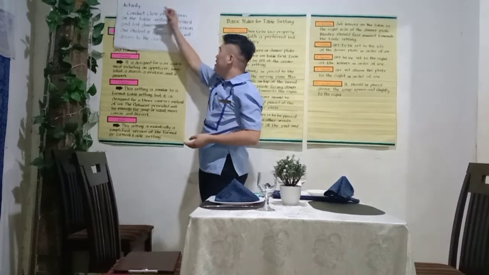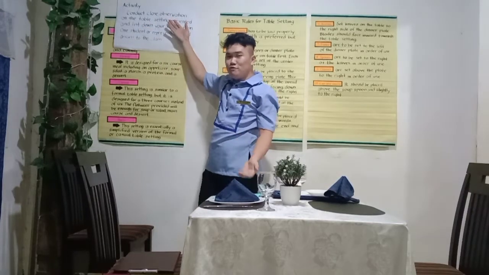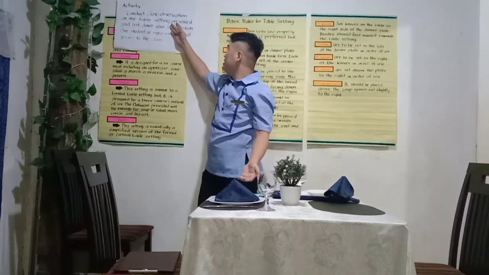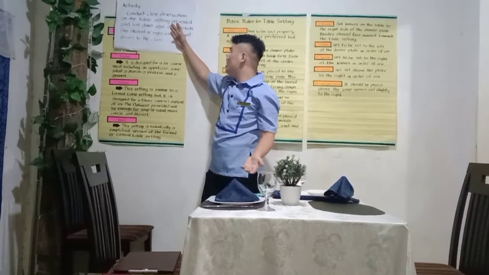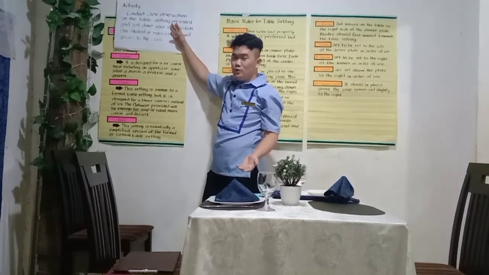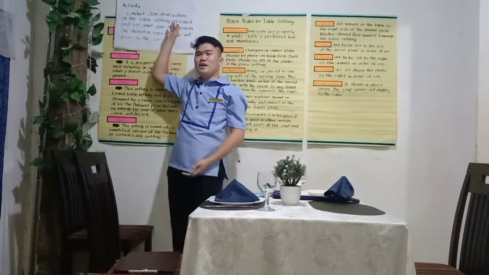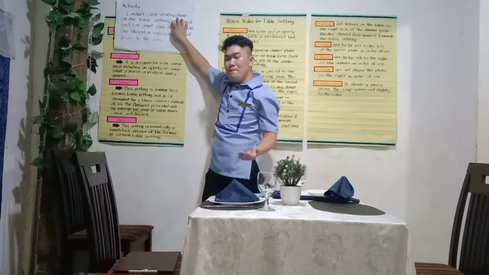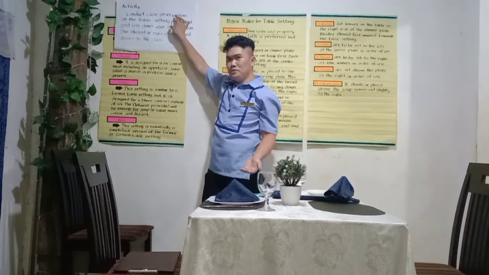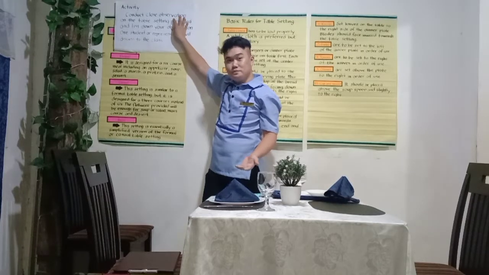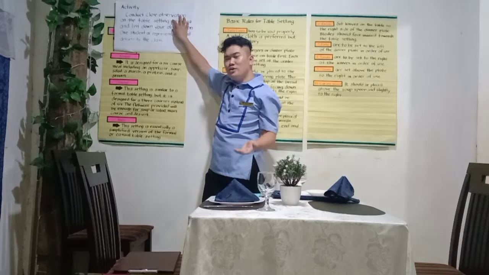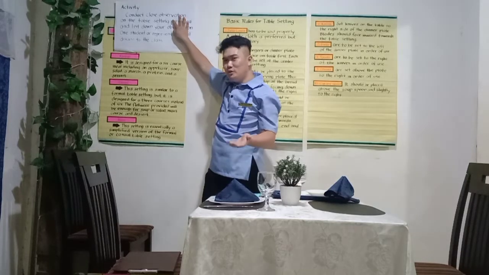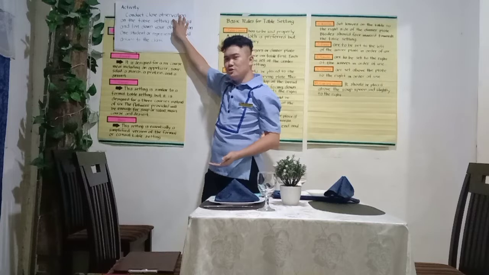Again, conduct close observation on the table setting presented and list down your observation. I will give you 5 minutes to observe this basic table setting. Okay, are you done? You may now start noting your observations.